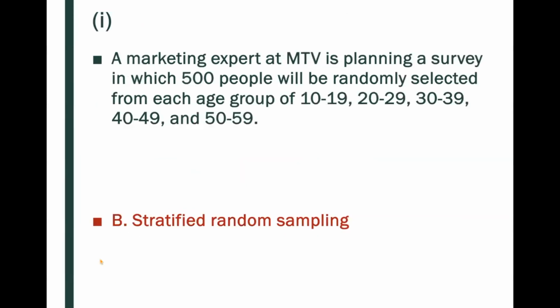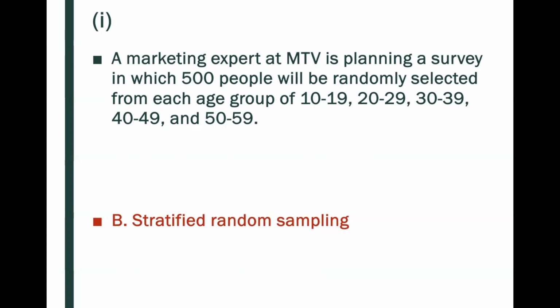So let's get started. A marketing expert at MTV is planning a survey in which 500 people will be randomly selected from each age group of 10 to 19, 20 to 29, 30 to 39, 40 to 49, and 50 to 59. This would be an example of stratified random sampling because we are taking our total people and dividing them into different strata or groups, and then sampling from those groups.